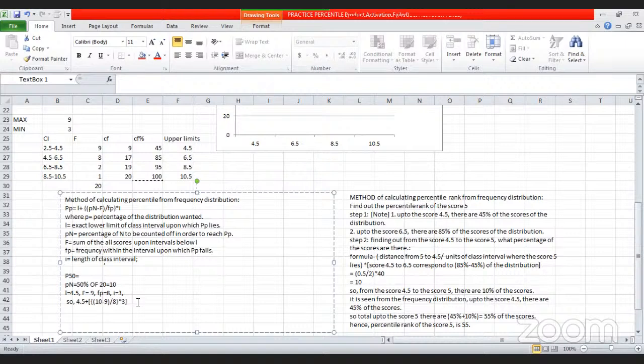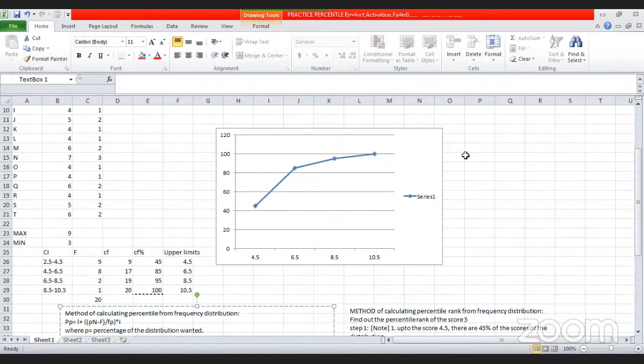Plus 4.5. So the score is 4.875 or 4.87. Clear? Score is 4.87.